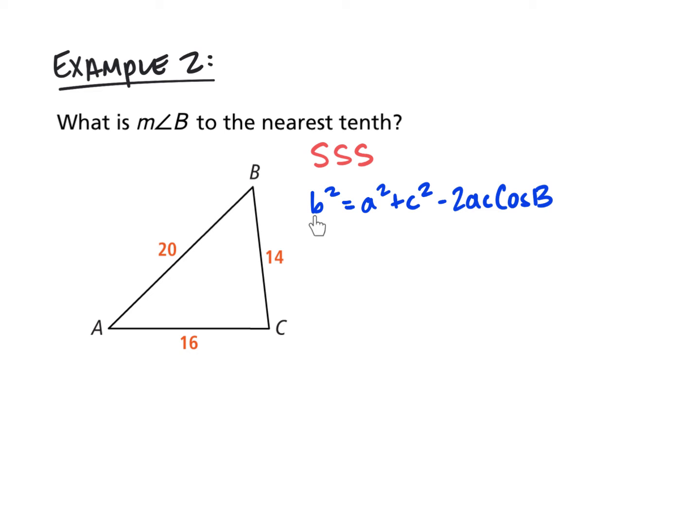It starts with the side across from B all by itself, b squared. And then these 4 spots here, here, here, and here are just the other 2 sides, A and C. And then the angle is, of course, angle B.